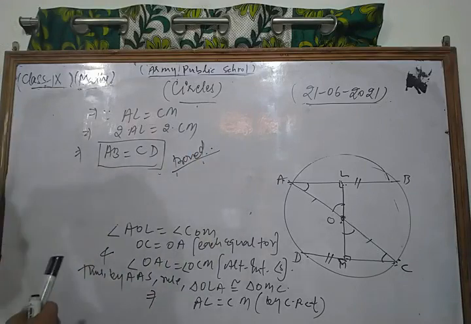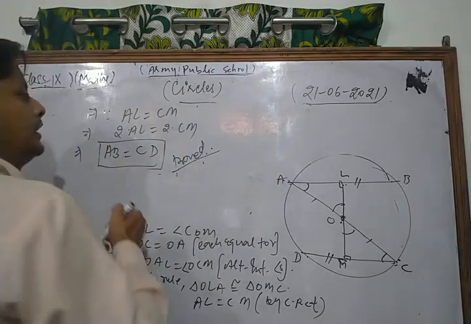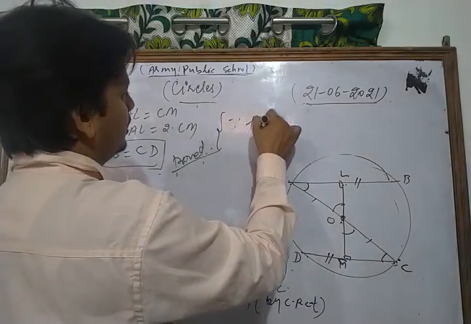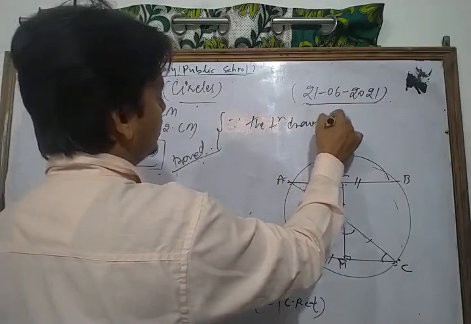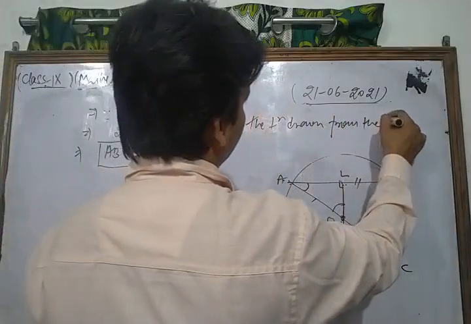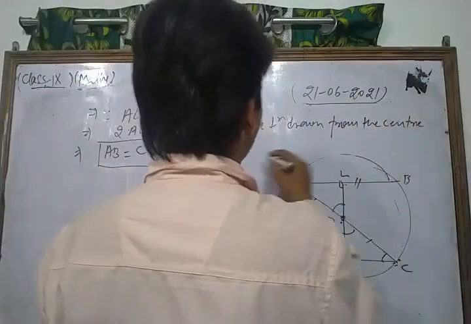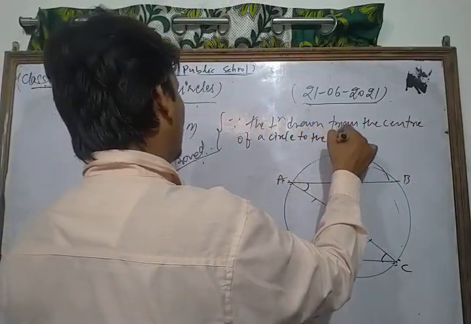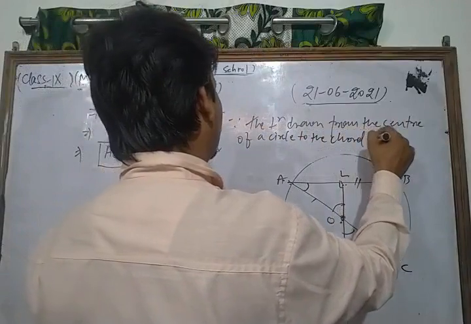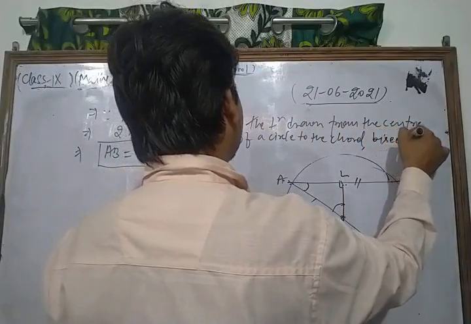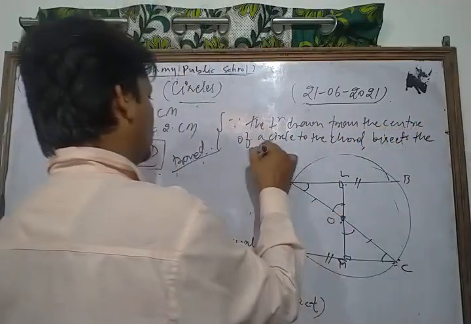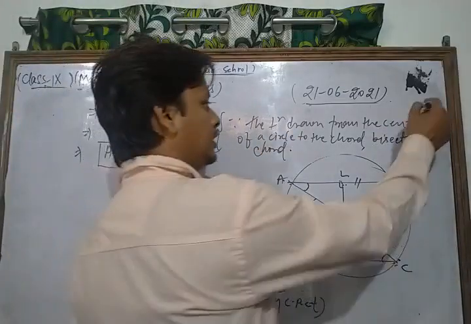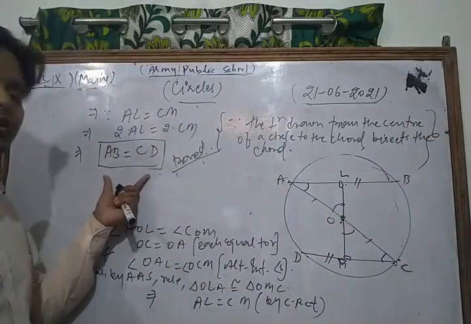This is by the property that the perpendicular drawn from the center of a circle to the chord bisects the chord. So AB is equal to CD.